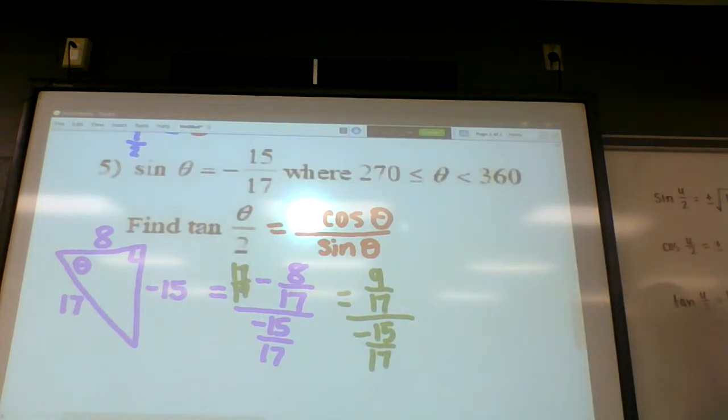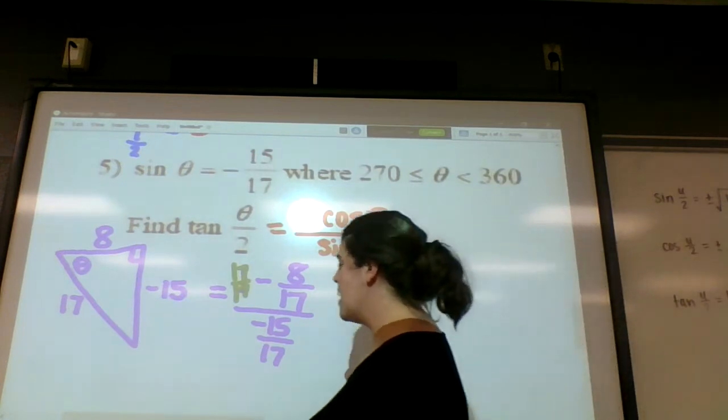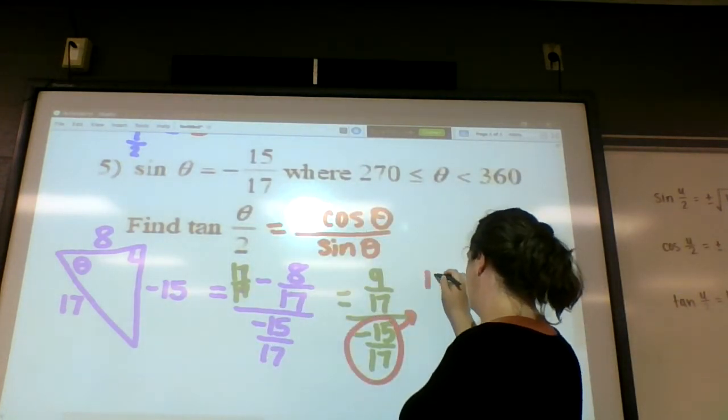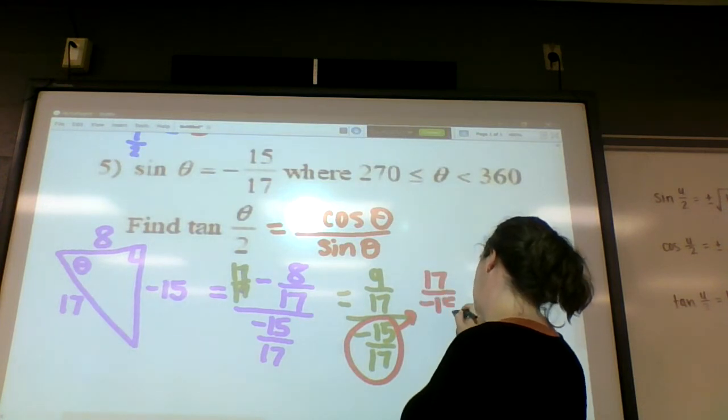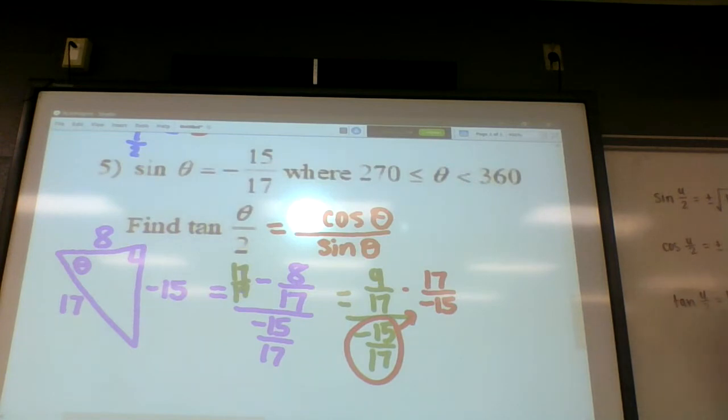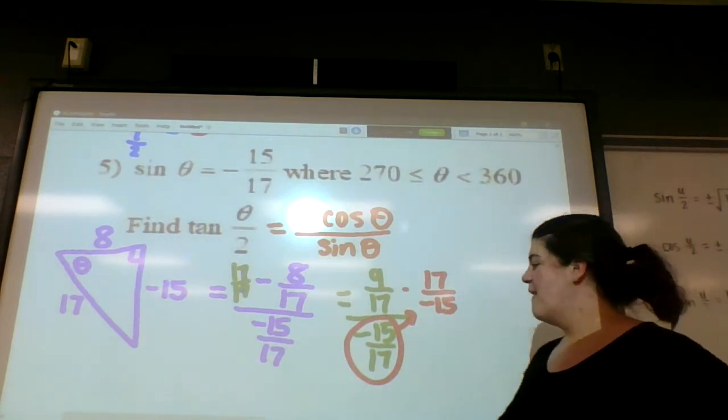So that's not too bad, right? And then how would you take care of the fraction in a fraction? Flip and multiply. So this one flips over, it reciprocates, and you're going to multiply. And what's going to happen on the multiplication? Yeah, the 17s are going to simplify themselves out.